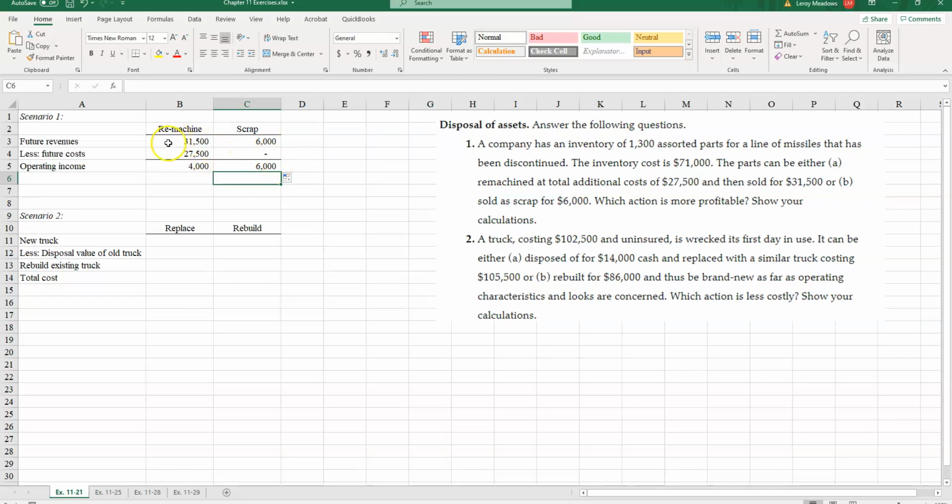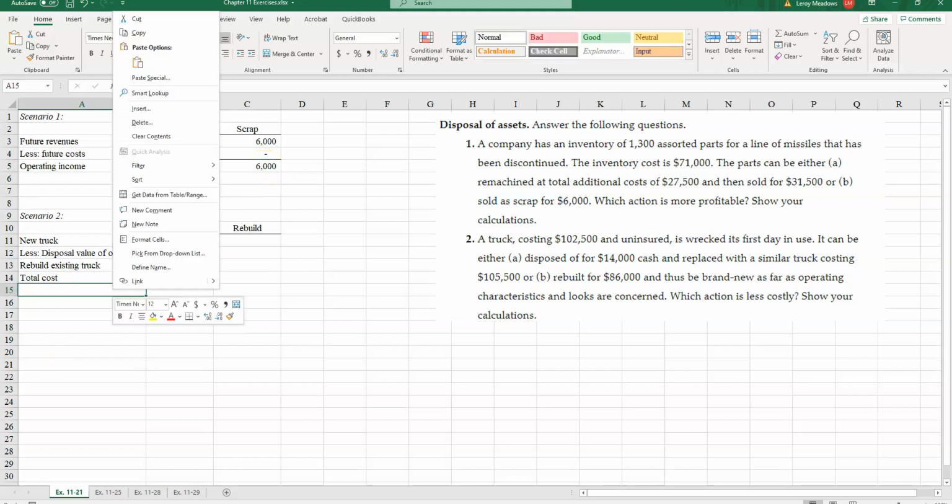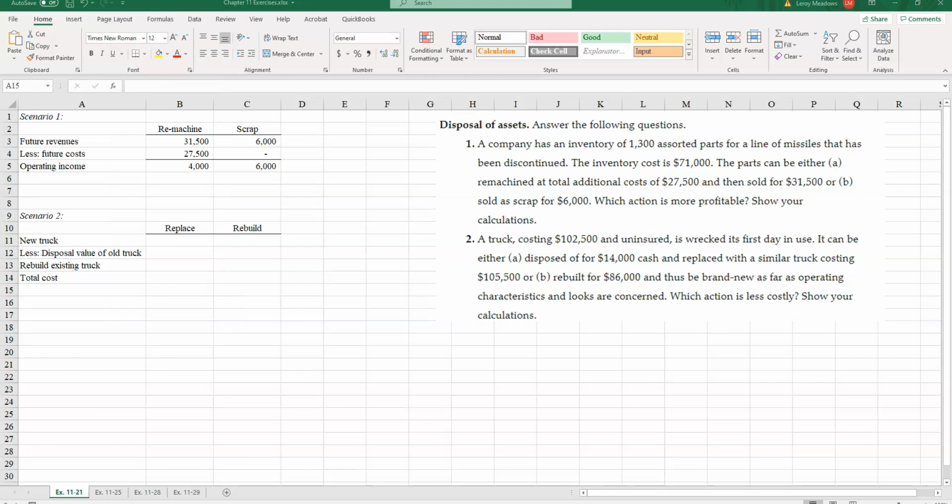If I remachine the inventory, I'll get $31,500, but it's going to cost me $27,500. So the net increase in operating income is only $4,000. In this case, I would rather scrap the inventory and not worry about remachining them, because it's actually going to be more profitable for me on my bottom line, on my operating income, to scrap the inventory instead of remachining them.